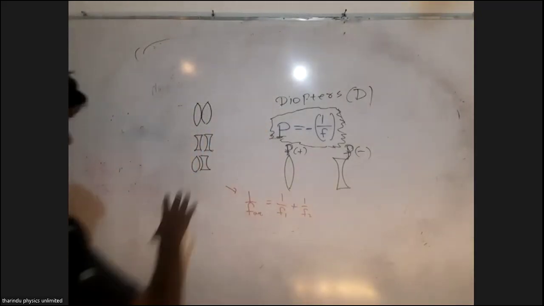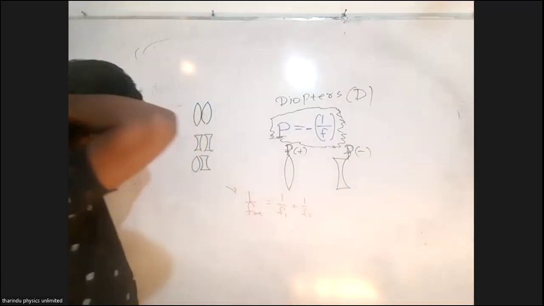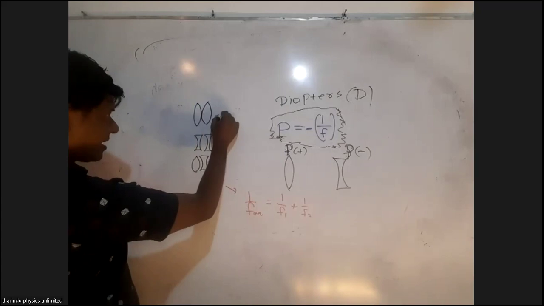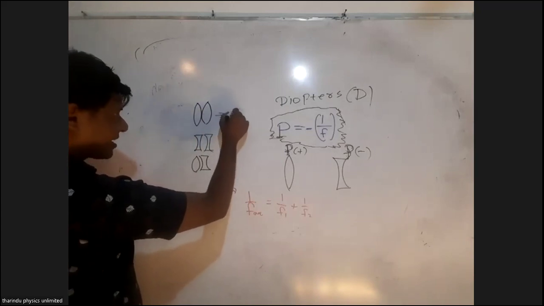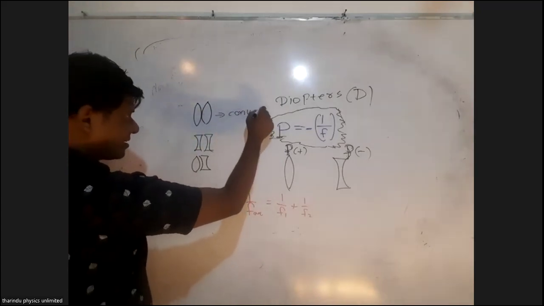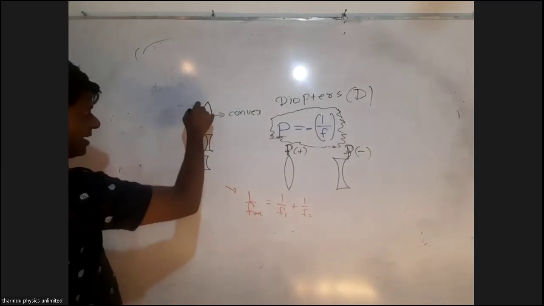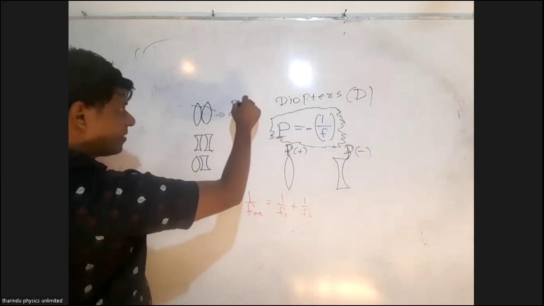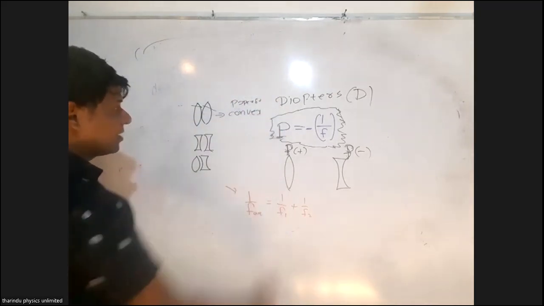Here, I have to tell you one thing. If your IQ level is really good, you can think what the result of the combination is. If both are convex, the result is also convex, because this one bends and the other one bends again. Powerful convex.